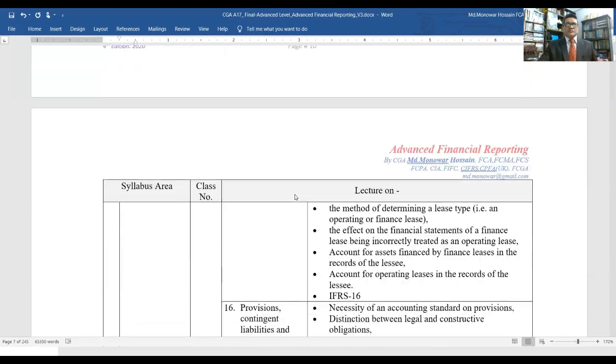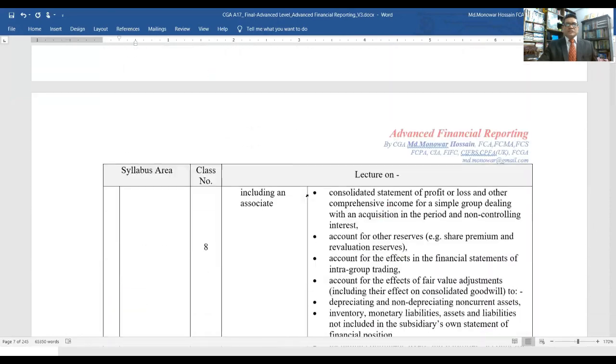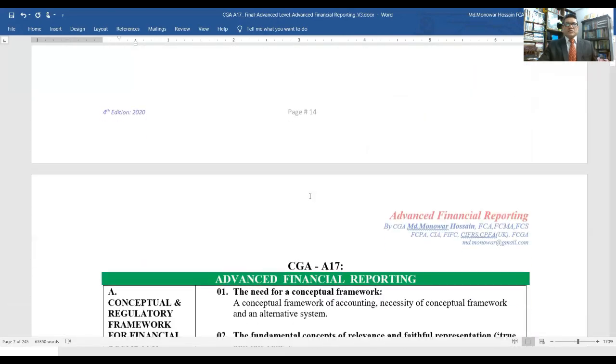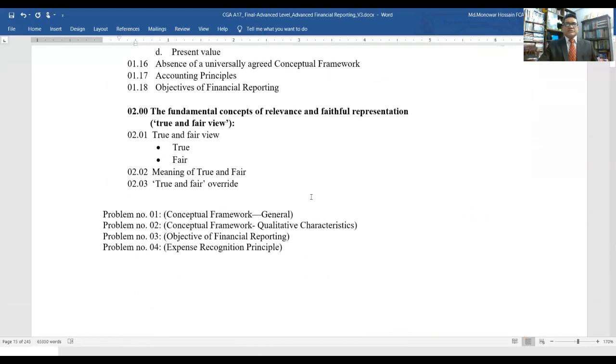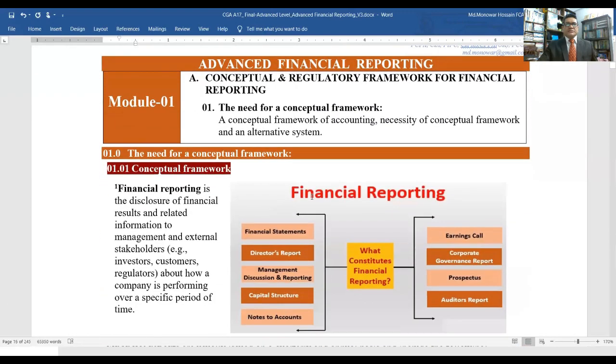So today we are going to discuss the need for a conceptual framework. Under these topics, we'll learn the conceptual framework of accounting, the necessity of a conceptual framework, and alternative systems.